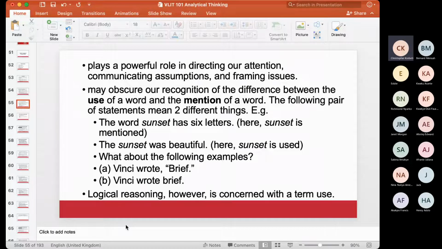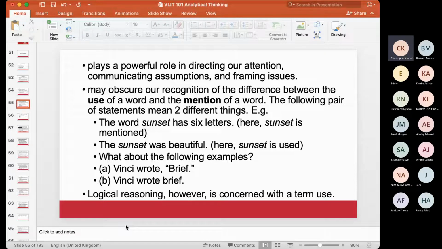In this very sentence, sunset has no significance. Why does it not have any significance? It is merely being mentioned. The speaker is merely mentioning it, so there's nothing to expect from it.